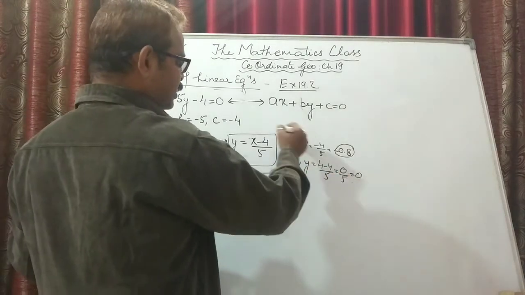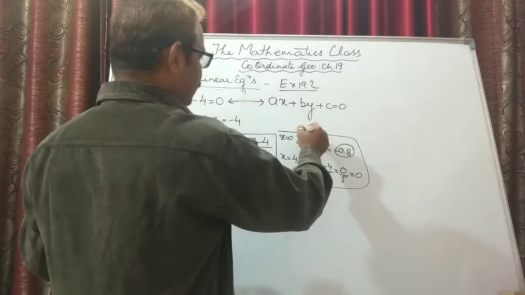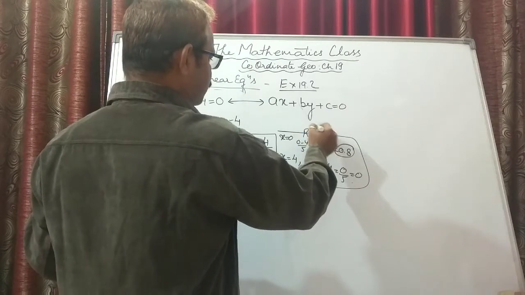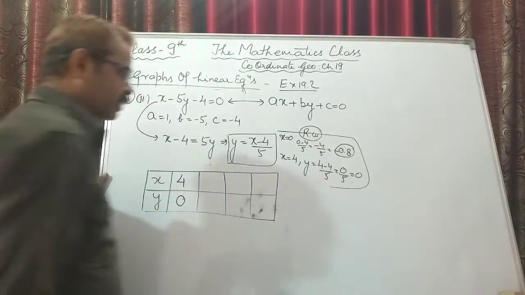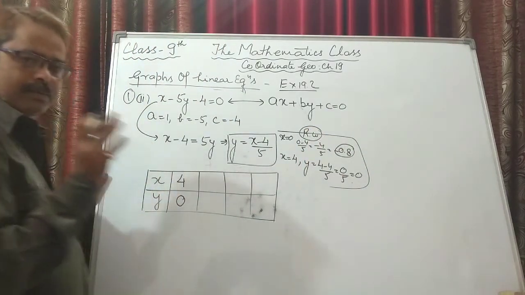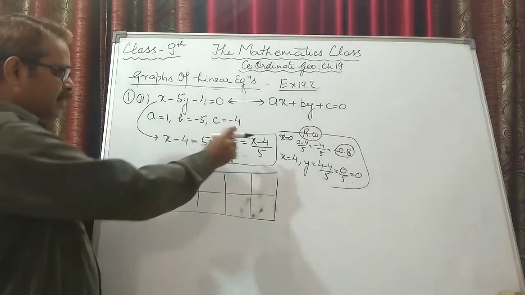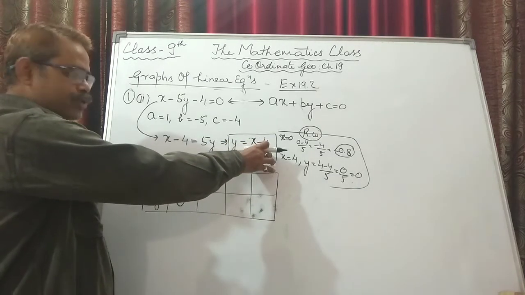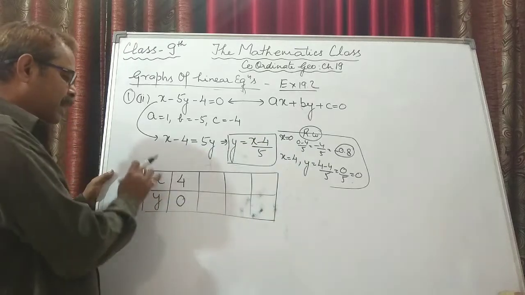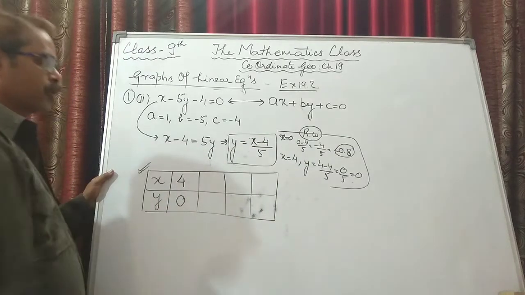You can see this is all rough work. This is not shown in the fair copy. What is expected from a child is that the exact equation should be there with y as the subject, and then this table is most important.